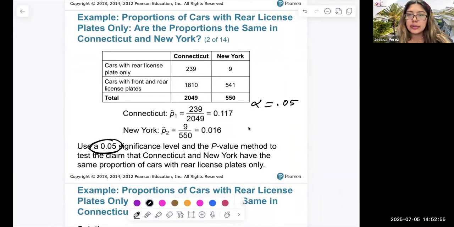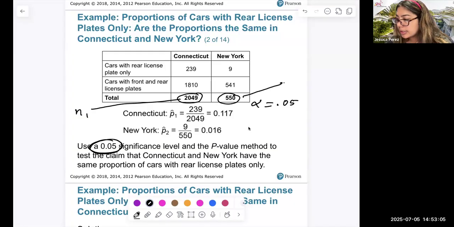So what we can do is use StatDisk right now. We know the total sample sizes, this is n1 and this is n2. And then we have our number of successes here, this is x1, 239 out of, and this is x2.